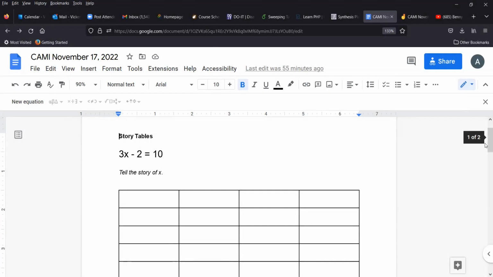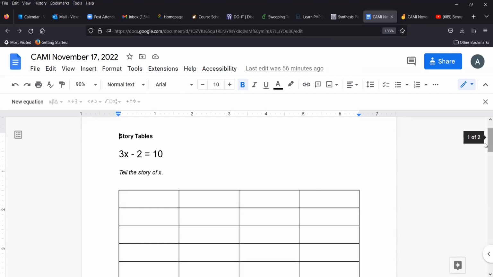Okay, so introduction to story tables. We have an equation in front of us, 3x minus 2 equals 10. If your brain is trying to solve that equation, I would invite you to tell your brain to just chill for a moment.